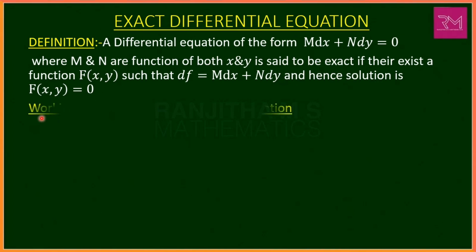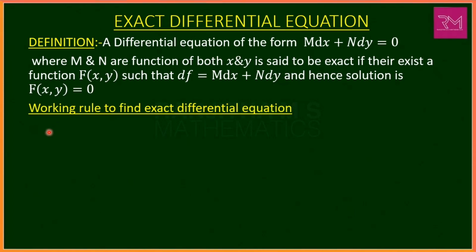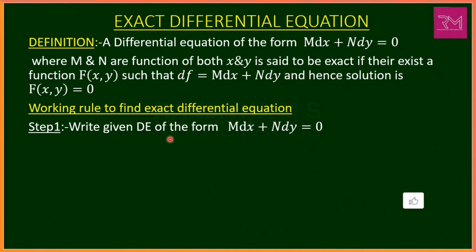Let us see the working rule to find the exact differential equation. Step 1: write the given differential equation in the form M dx plus N dy equal to 0.